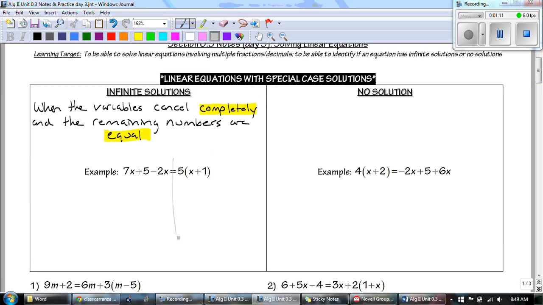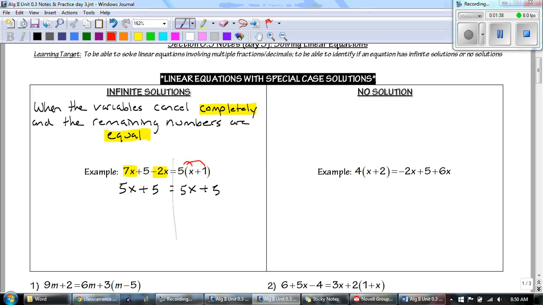Let's look at example number 1, or at least the example on the left-hand side. On the left-hand side, I can combine like terms to get 5x plus 5. On the right-hand side, I can distribute the 5, and I get 5 times x is 5x, and 5 times 1 is 5.